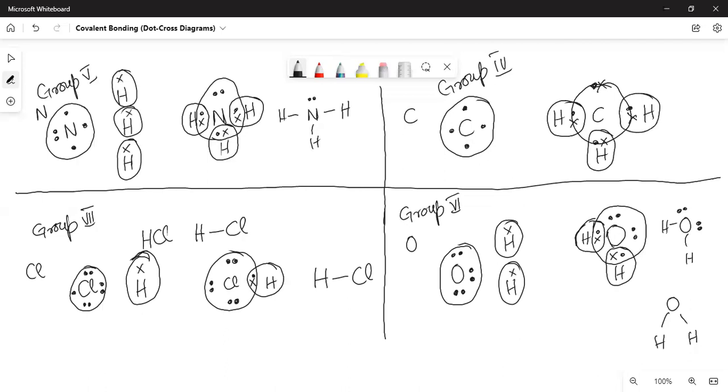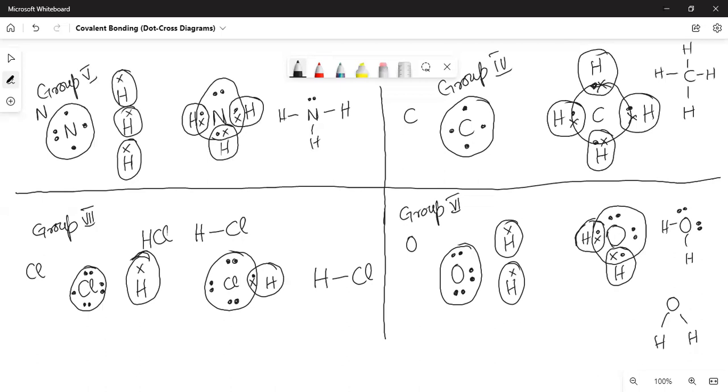There you go. That's how we complete the duplet for all four hydrogen atoms, and we complete the octet for the carbon atom. You have four dots and four crosses around the carbon atom, which means eight electrons complete, and the structure can be perfectly shown like this, with four hydrogen atoms.